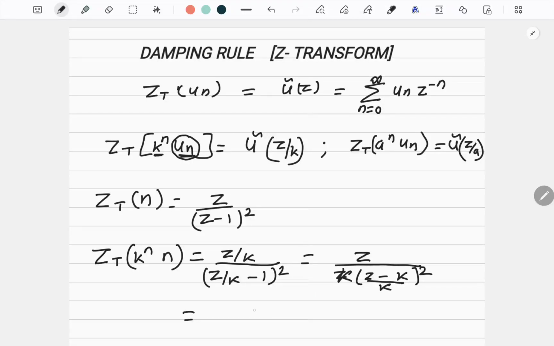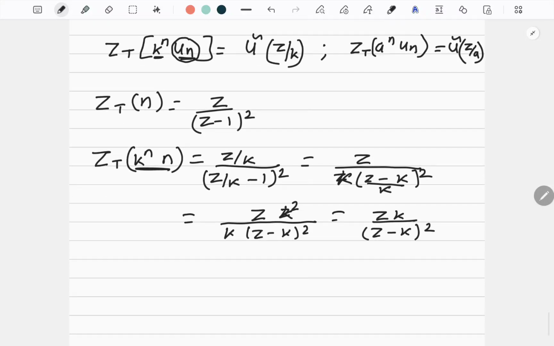Now next step, when you take z upon k, z minus k square, and this k square I am taking in the numerator, and this will get cancelled. So z k upon z minus k whole square. So this becomes the formula for k to the power n into n.